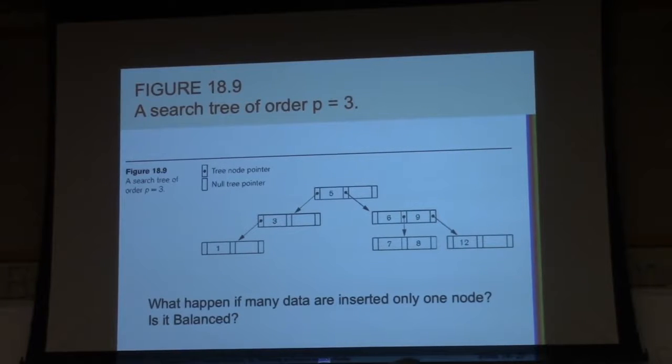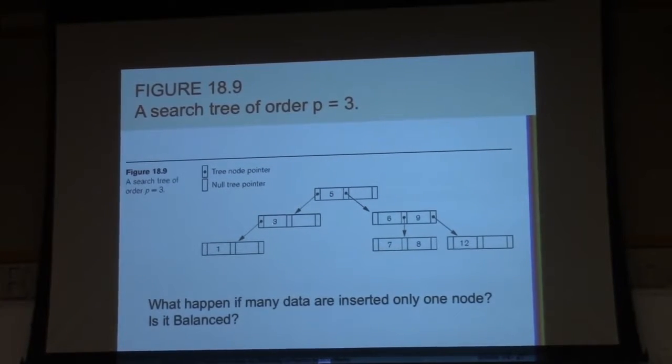What if there's a new data, like the 4? How can you create the 4? Which block? 4 is less than 5, goes to here. So 4 is bigger than 3, but we have space, so we can insert the data. This is not binary.